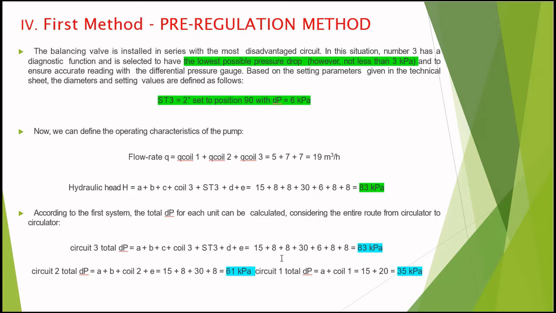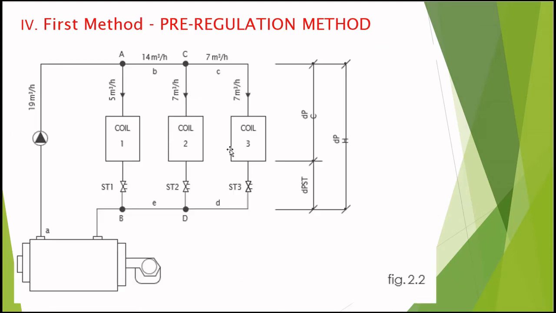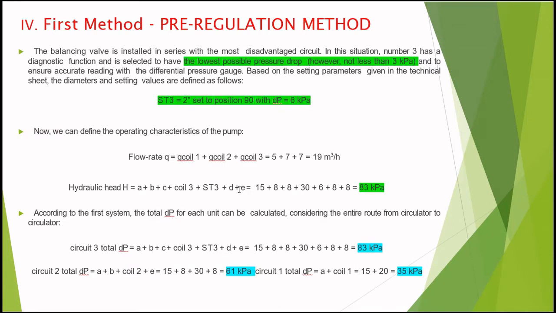If you substitute, it will be the same, because for coil number 3 it is A plus B plus C plus D plus coil 3 plus static 3 plus E, same as delta H.